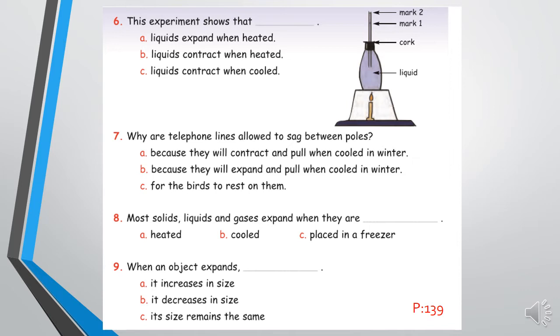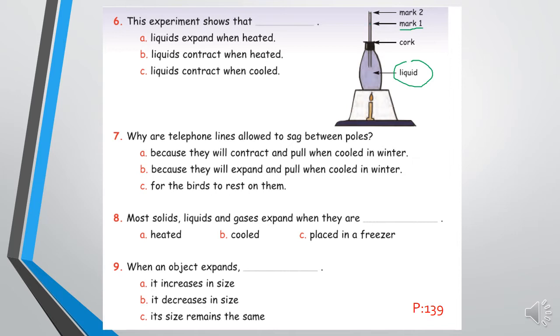We have liquid, as you see. First, when I close this bottle and I place this straw, the liquid level gets to mark number 1, as you see, till here.